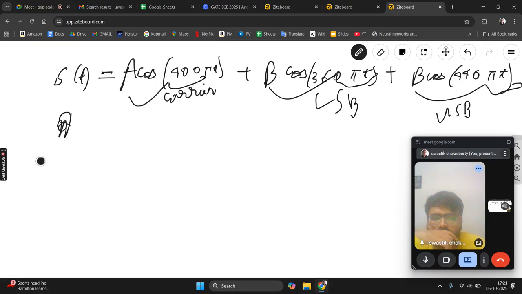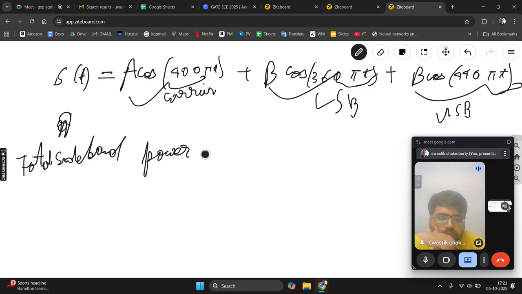Now the total sideband power: in any of these tones, the power is amplitude squared by 2, so A squared by 2 or B squared by 2.